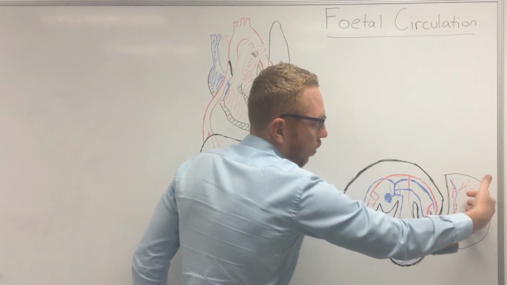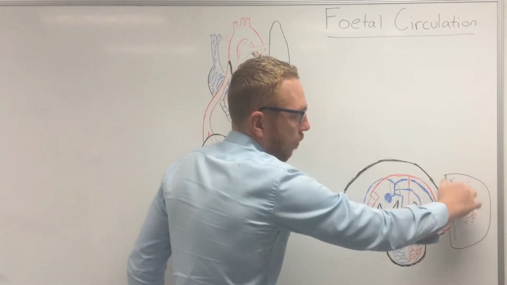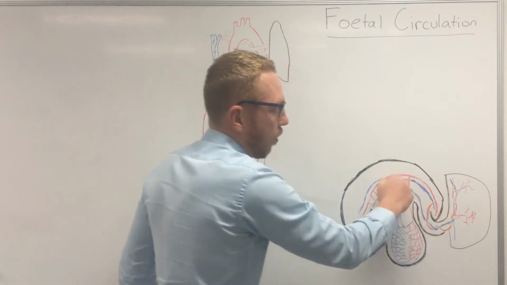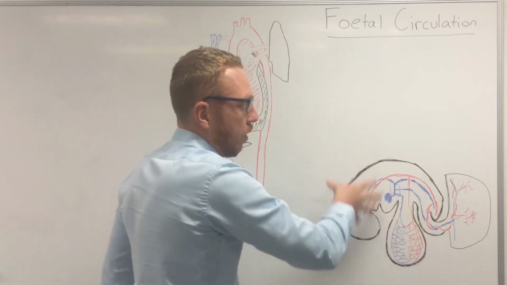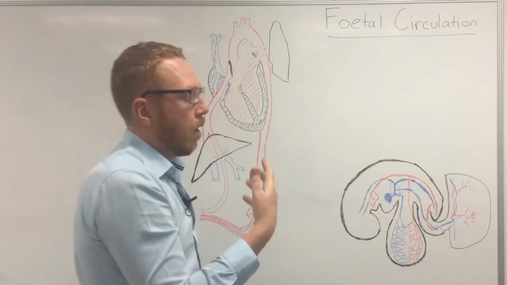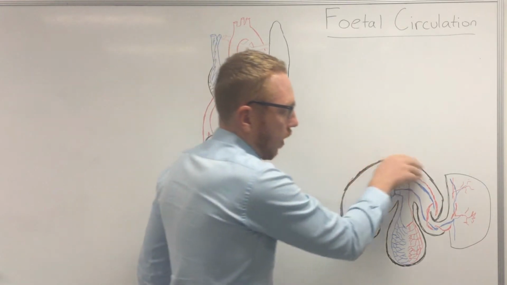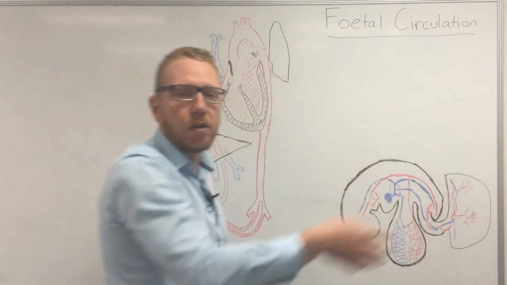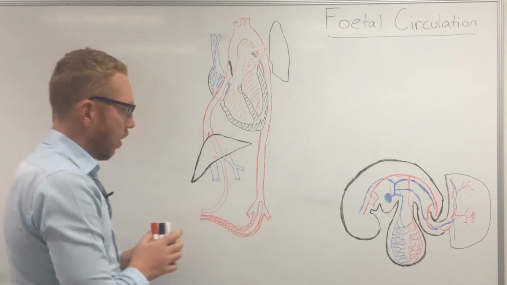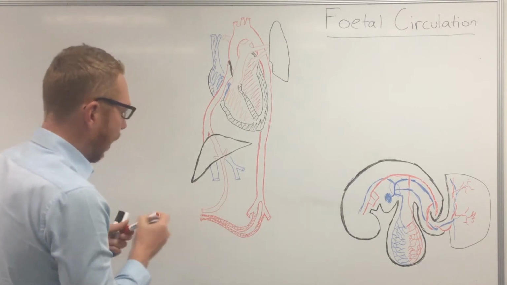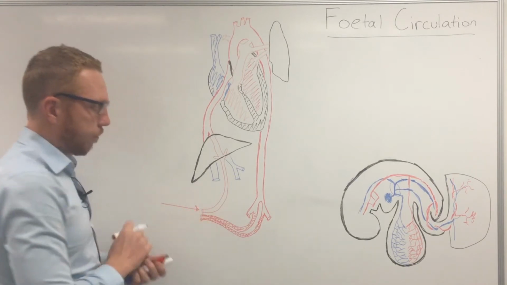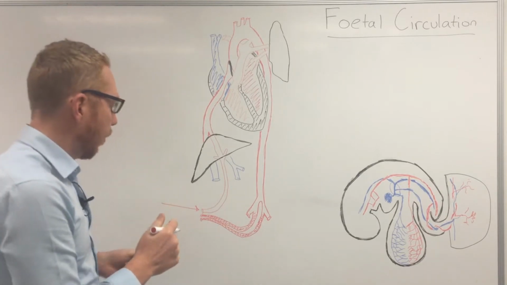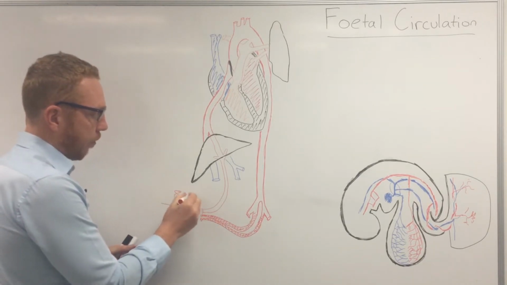Her oxygen will go in through the umbilical vein, cross over, and then go into the fetus, do all its work within the fetus, and then the deoxygenated blood is going to go back out the umbilical artery to the placenta, and the whole cycle continues. So essentially the blood's going to be coming in to the fetus in the umbilical veins. There's 2, as I said to start with. The saturation's about 80%.